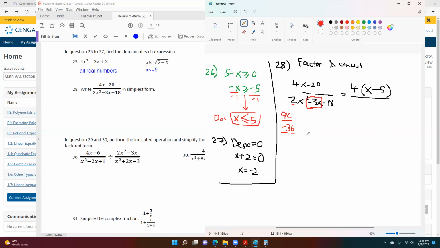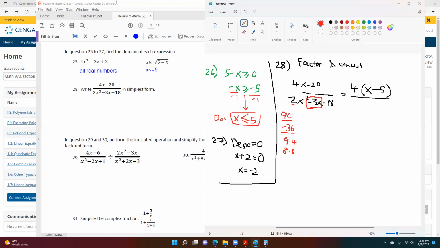What times what is negative 36? Let's see. 9 times 4 doesn't work, right? I tried this last night and none of the factors work. 8 and 8 doesn't work.